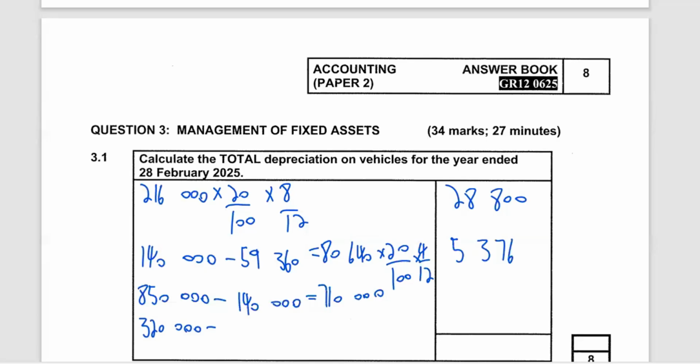So we're going to say minus 59,360. Then we get our answer, which is 260,640. So you're going to say our cost price of 710,000 minus our accumulated depreciation of 260,640.